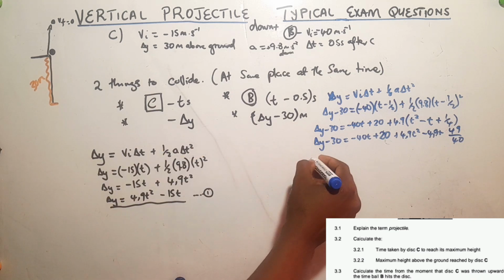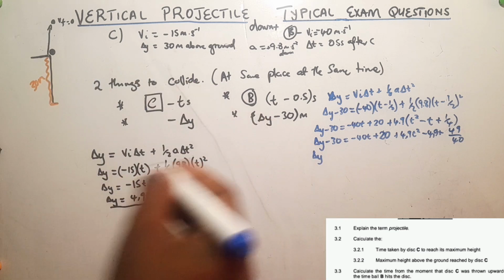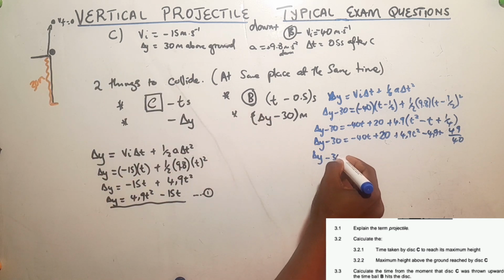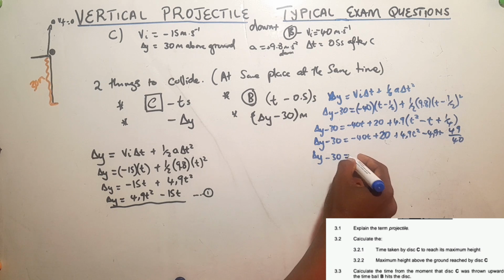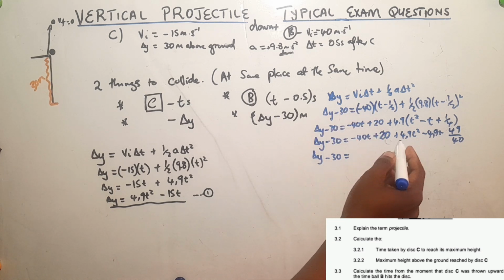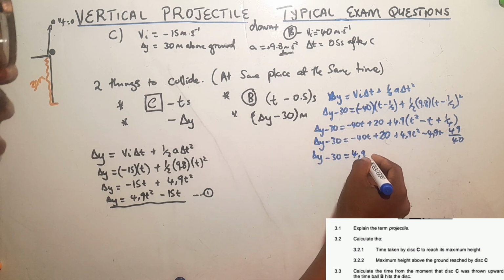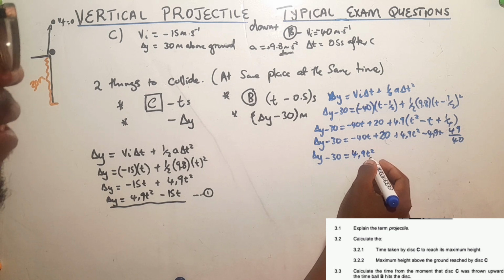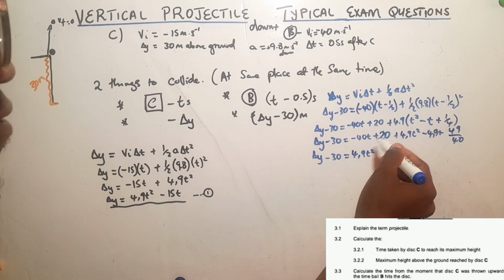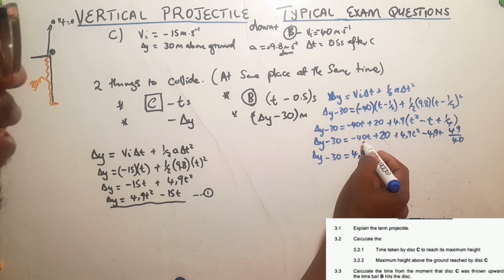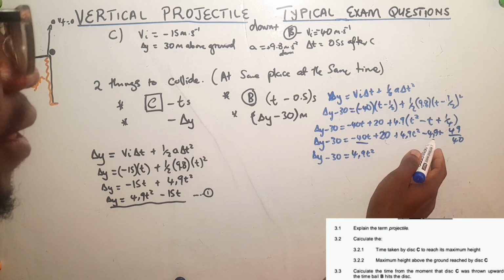So now our displacement minus 30 will be equal to 4.9t squared, right? And then what do we have there? The like terms, we have this and that.